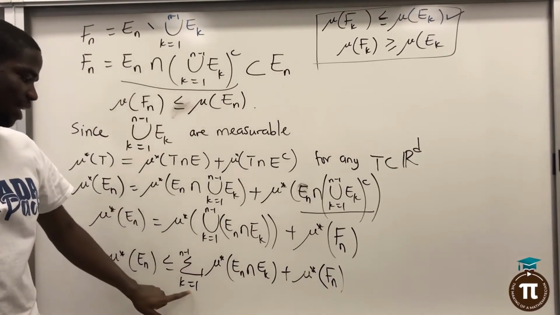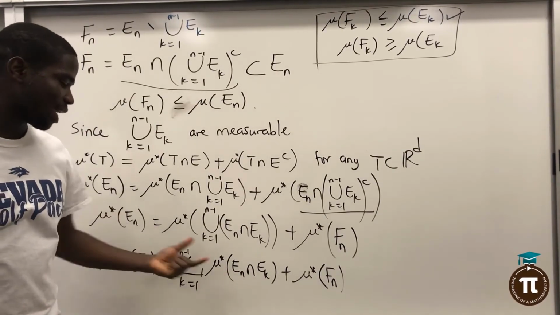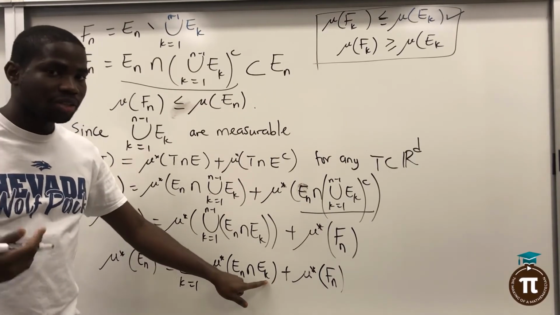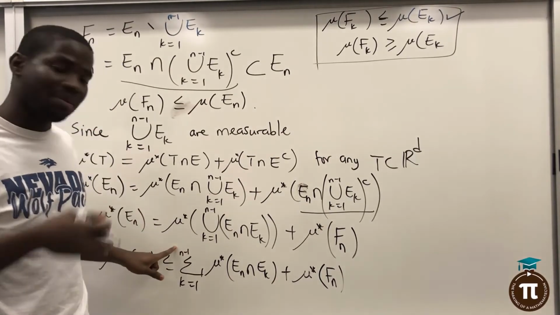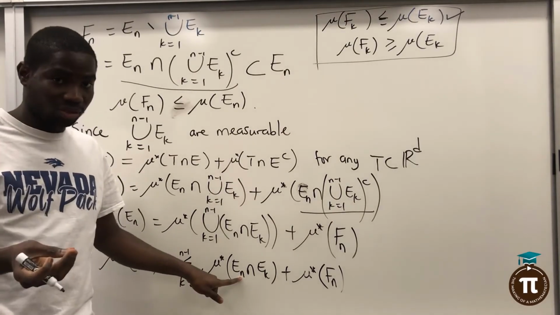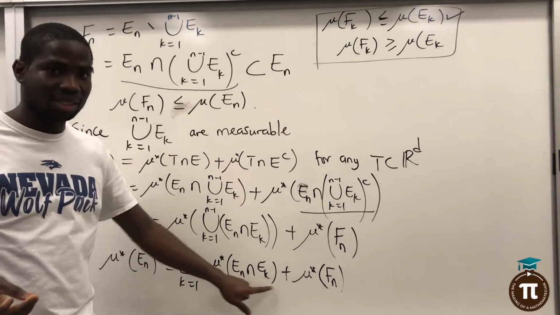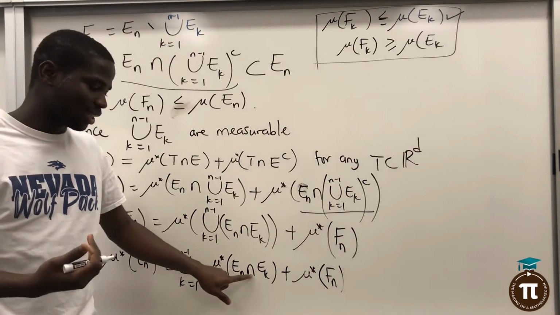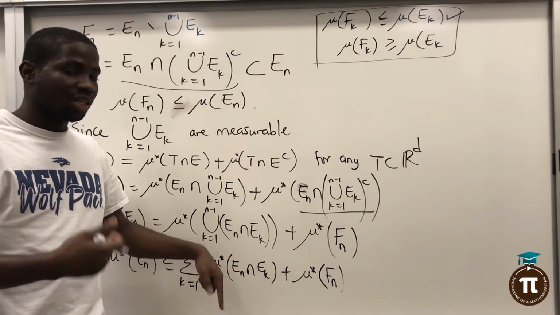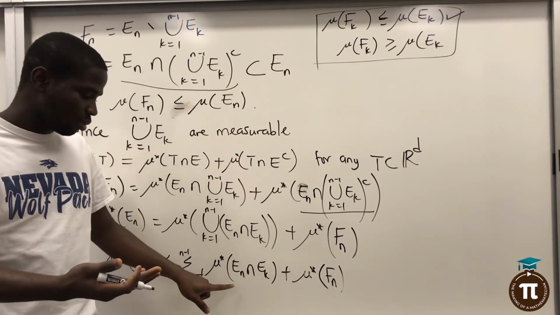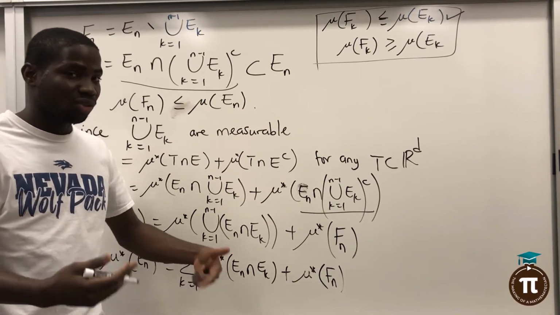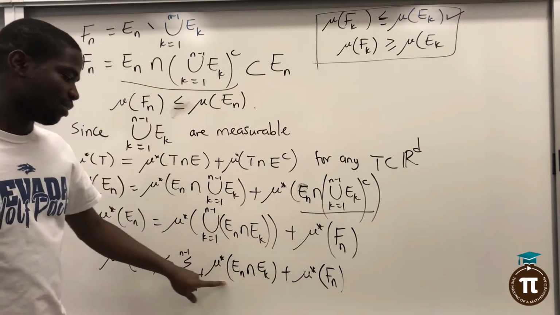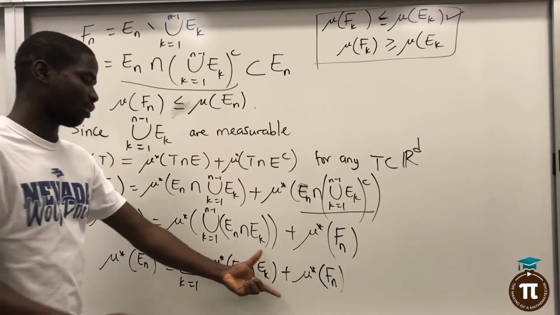Because k starts from 1 and stops at n minus 1, it can be 1, 2, 3, till it gets to n minus 1. It can never get to n. So they will always be different. Each of these summands, E_n intersection E_1, E_n intersection E_2, till E_n intersection E_{n-1}, can never be the same. So the measure of each is 0, and it makes all of this become 0.